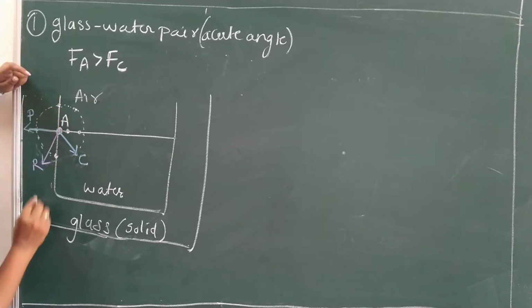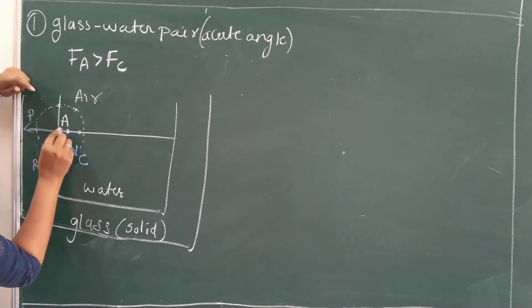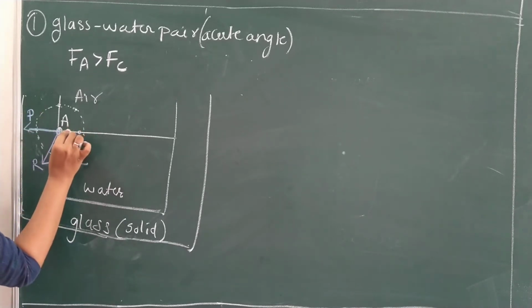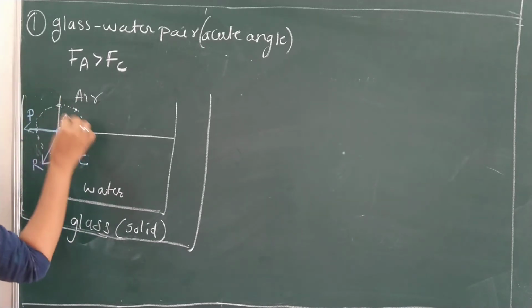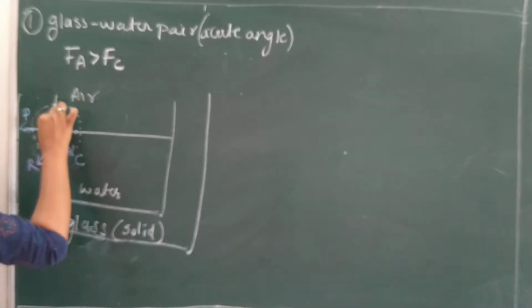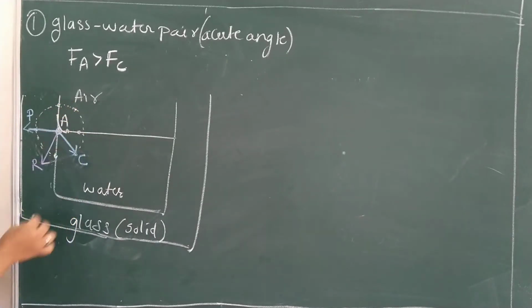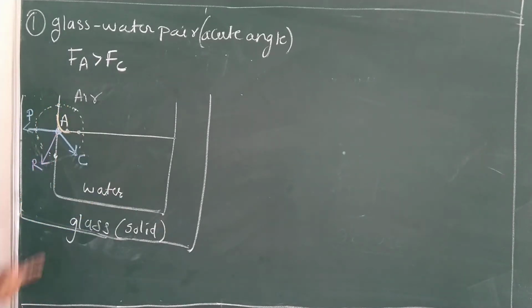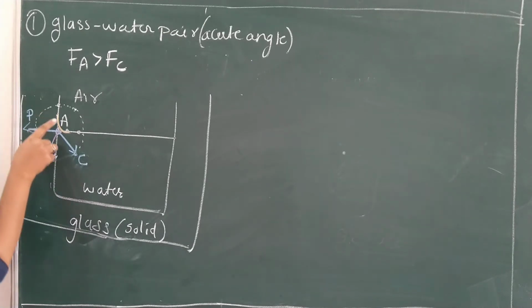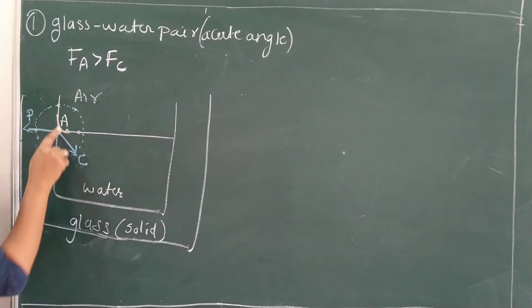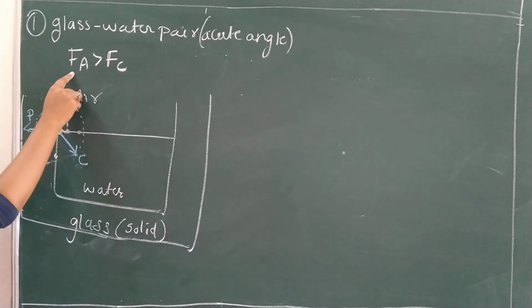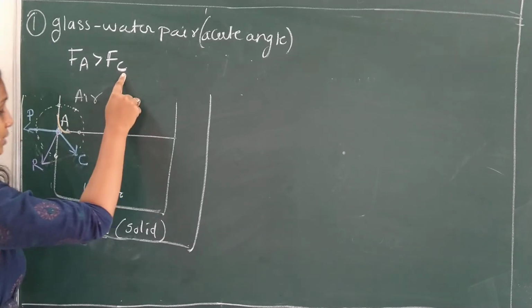If they are attracted towards the solid, they are getting piled up. Piled up means lifted up. And so this meniscus will look like this. Once you get the meniscus this way, I can say this meniscus is taking the shape of concave, because we have adhesive force greater than cohesive force.